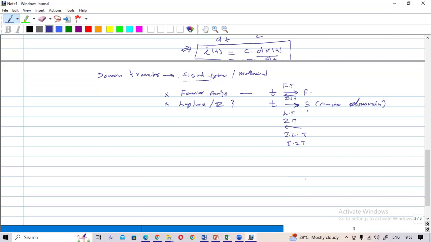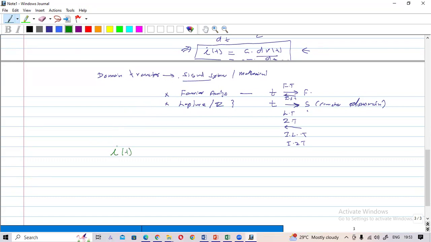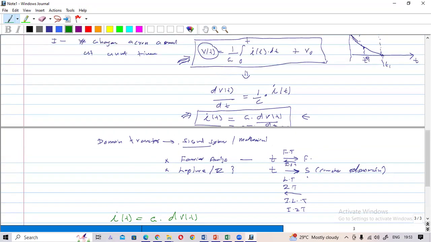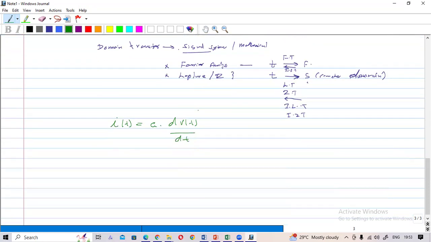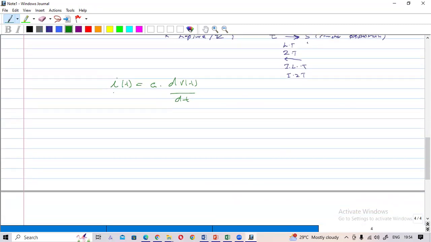And if I take this equation, that is i(t) equals C dv(t)/dt, I am going to do a transformation.